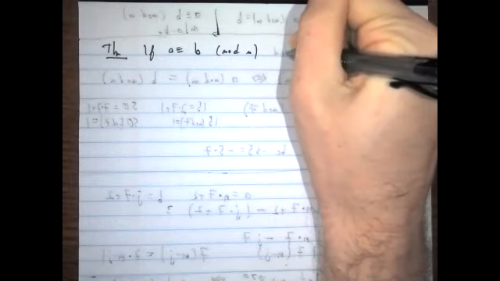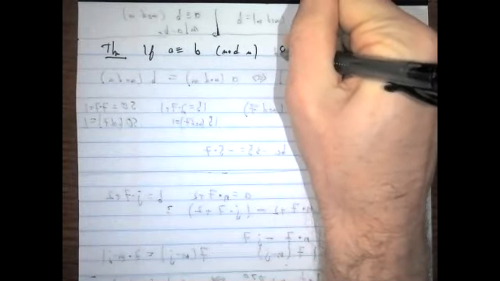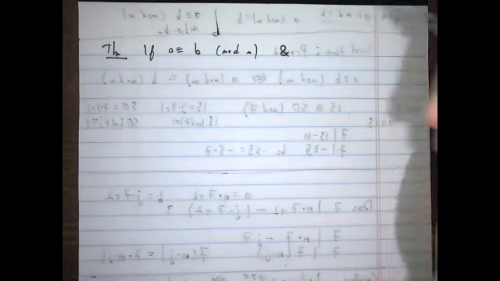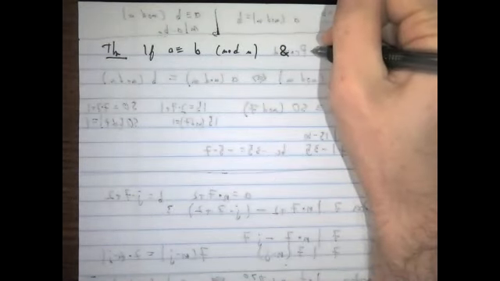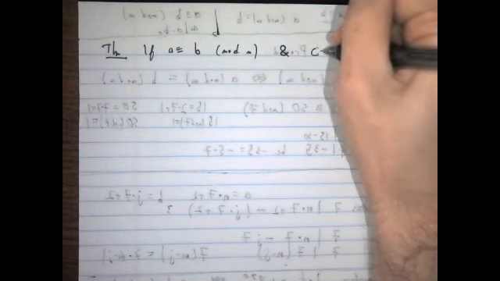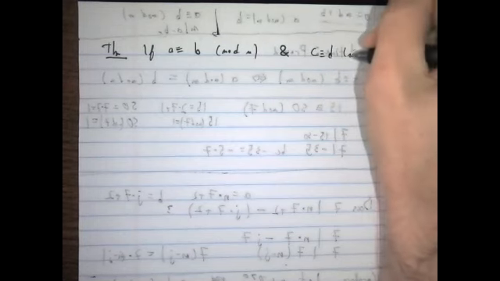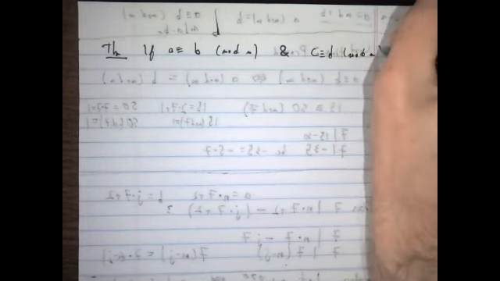If A is congruent to B modulo M, and C is congruent to D mod M, then we have the following results.